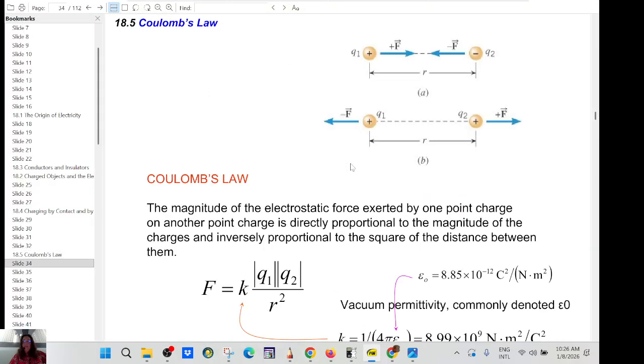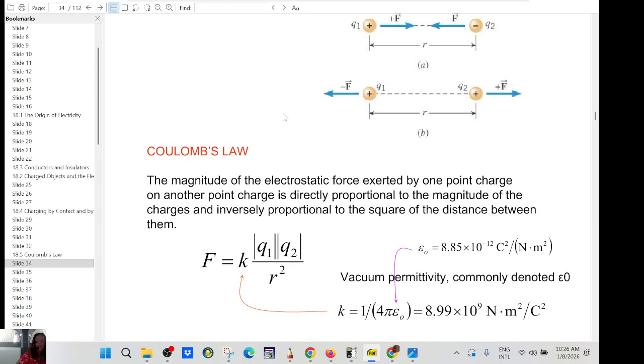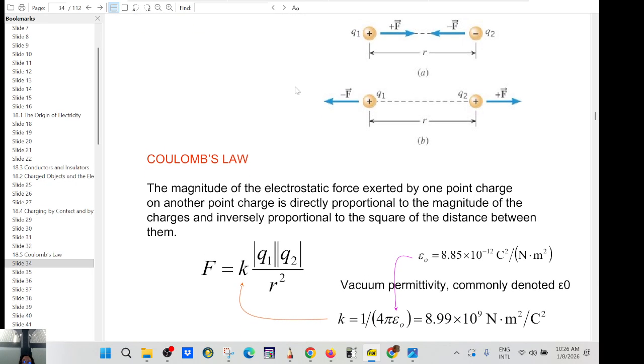Okay. So that takes us to Coulomb's law. His name was Charles Augustin de Coulomb, and he was French, obviously, 1786. And he didn't really discover it from scratch, because he was inspired by Newton's law of gravity.